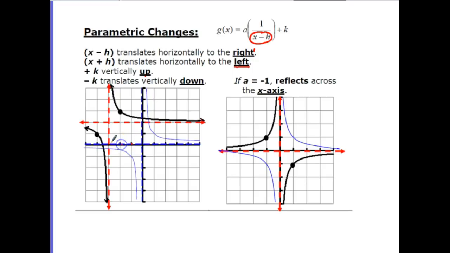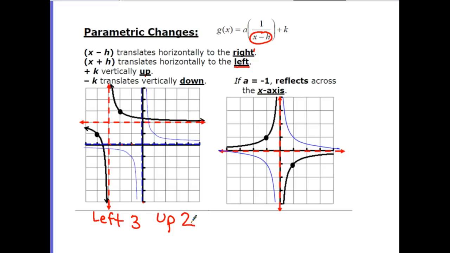This one has been moved. So it has an asymptote here for the parent graph, and an asymptote here for my transformed graph. So it has moved left 3. The parent graph has an asymptote here. This new graph has an asymptote there, so it's been moved up 2.